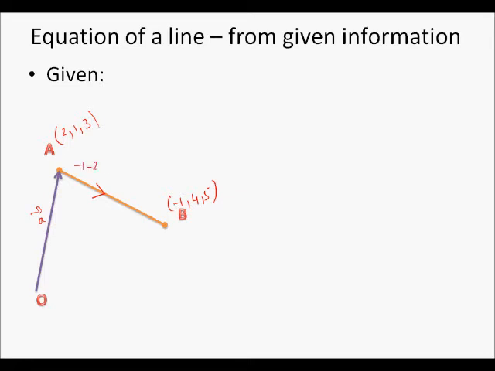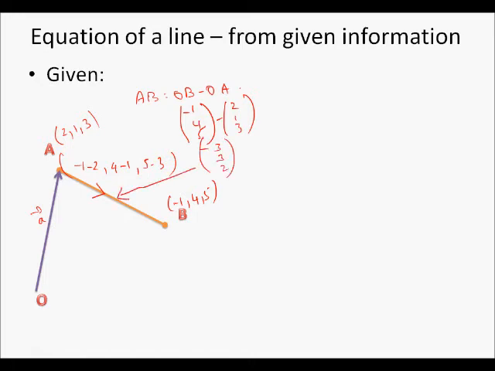(Minus 1 minus 2, 4 minus 1, 5 minus 3) would be the vector for this. AB is equal to OB minus OA. So OB minus OA should be (minus 1, 4, 5) minus (2, 1, 3), and if you subtract them, you will get (minus 3, 3, 2). This will be the vector which represents this direction. We can take it as b.